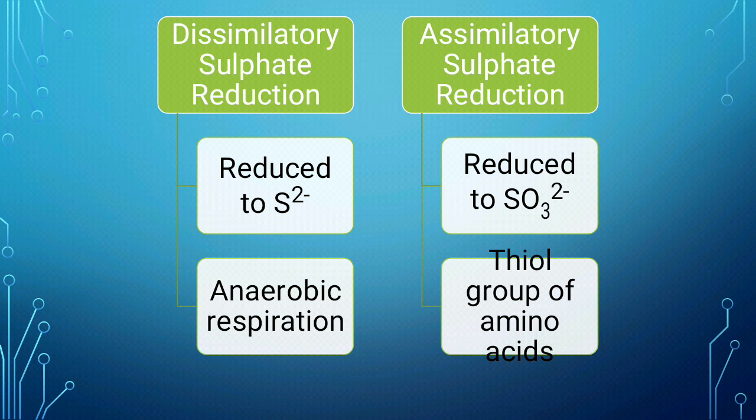So in assimilatory sulfate reduction, the organism uses the sulfate present in the environment and incorporates it into its own structure or its own body. That means it is taking up the sulfate for forming a particular amino acid or a particular protein.